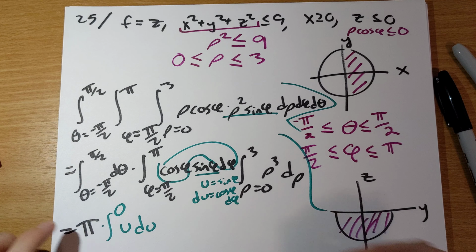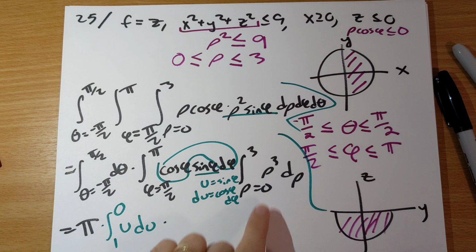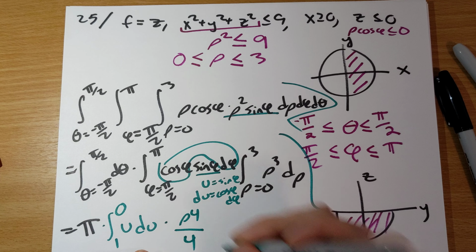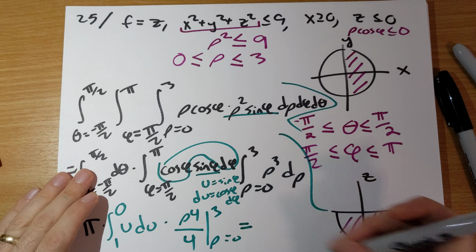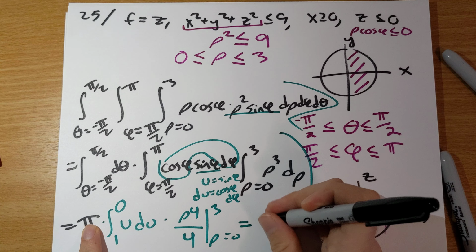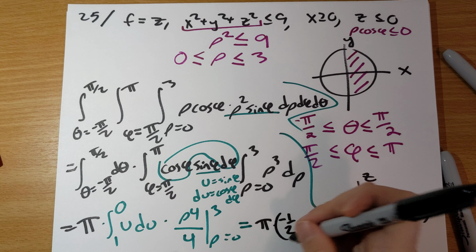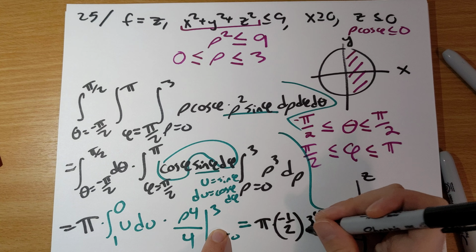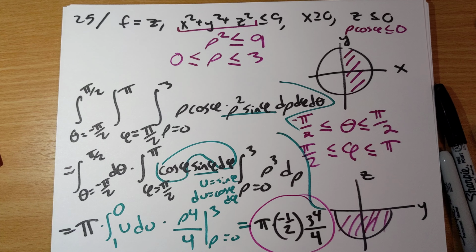When phi is pi over 2, sine of pi over 2 is 1. And then rho cubed becomes rho to the 4th over 4 for the antiderivative. Plug in from 0 to 3. And so this will be pi. This will end up as negative 1/2. And this will end up as 3 to the 4th over 4. So there is our final answer.